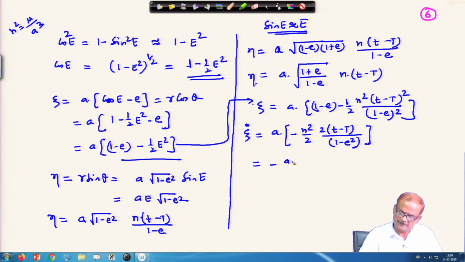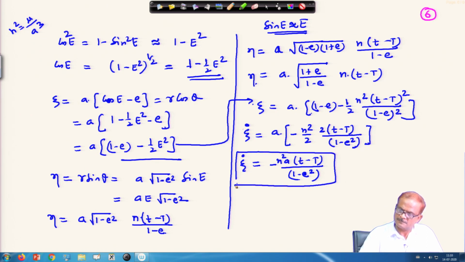So minus a n square a, the 2 cancels out, t minus t divided by 1 minus E square. Similarly, the eta dot we can write as n a times 1 plus E by 1 minus E.